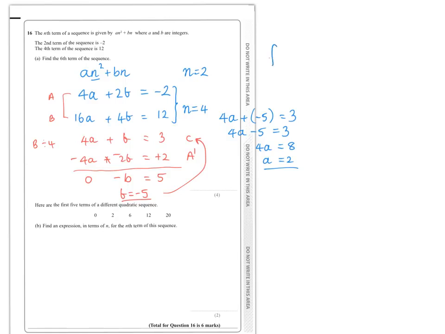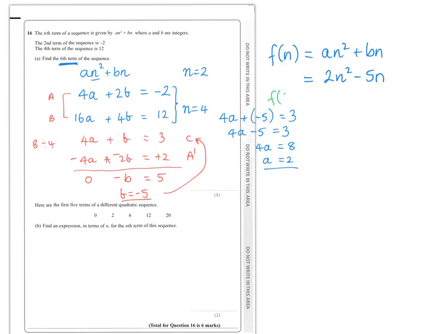So we were given our function, say f of n, and that was an squared plus bn, but we found a and b, so we can say that's going to be 2n squared minus 5n. And the question wanted us to find the sixth term of the sequence, so we're just going to put 6 in here.